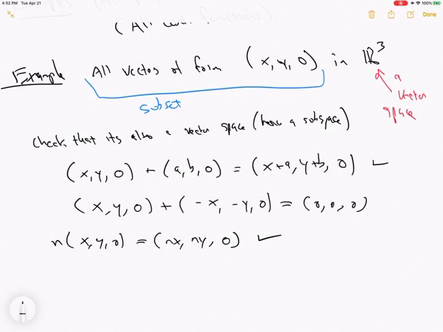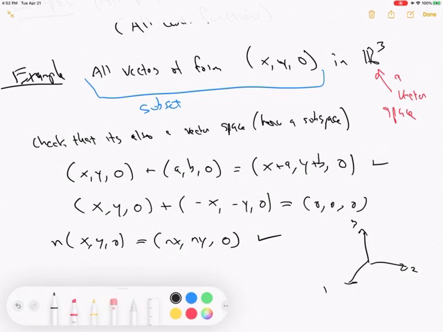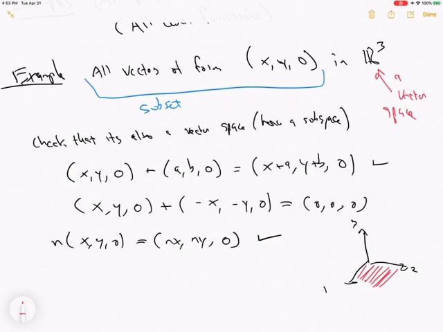In fact, this is like a copy of R2, so you can visualize this subspace. If you visualize R3, where this is your first coordinate, that's your second coordinate, that's your third coordinate, then this subspace that I just described would be like the plane on the ground.